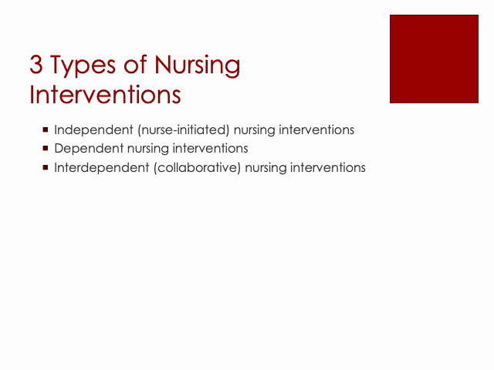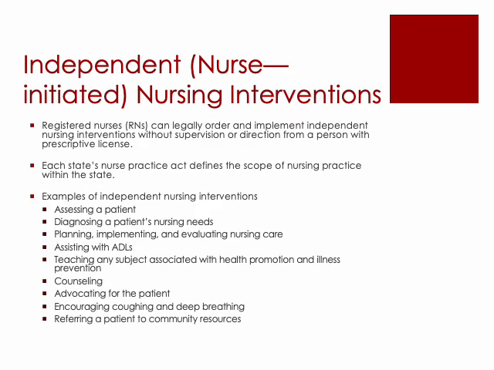So there are 3 types of nursing interventions that we're going to talk about. They're independent or nurse-initiated, dependent, and interdependent or collaborative. Registered nurses can legally order and implement independent nursing interventions without the supervision or direction or an order from a person with a prescriptive license. Each state's Nurses Practice Act defines the scope of nursing practice within the state.